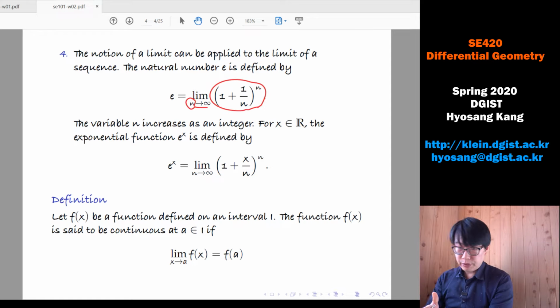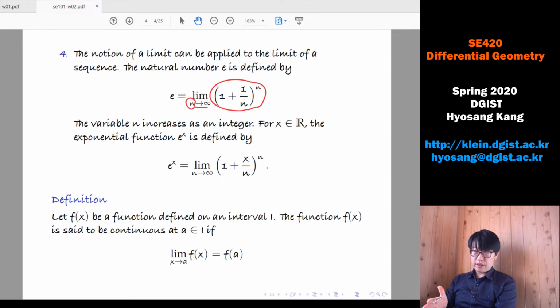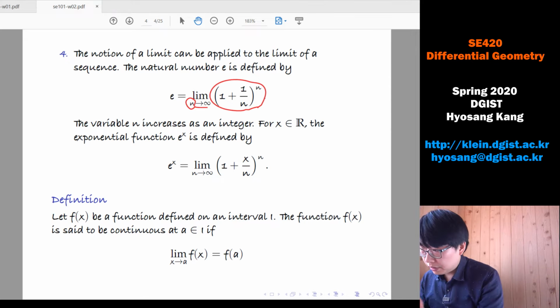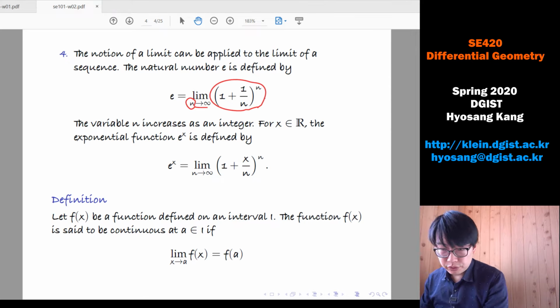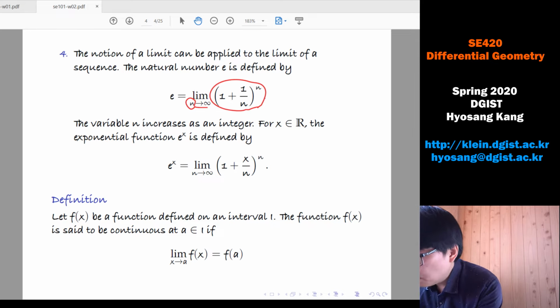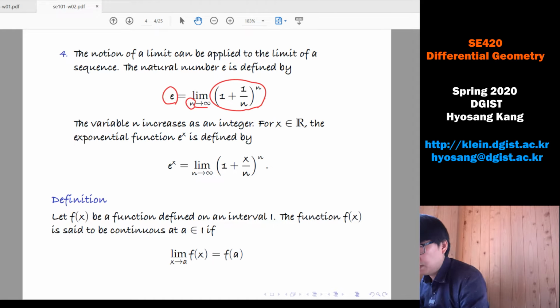So sequence means that you have an index for each value. You have index 1 number, which is 1 plus 1 to the 1 power, and index 2 number is 1 plus 1 over 2 to the power of 2, and so on. Then if this sequence converges to a number, then you can define the limit. And well-known constant is the natural constant e, defined this way.